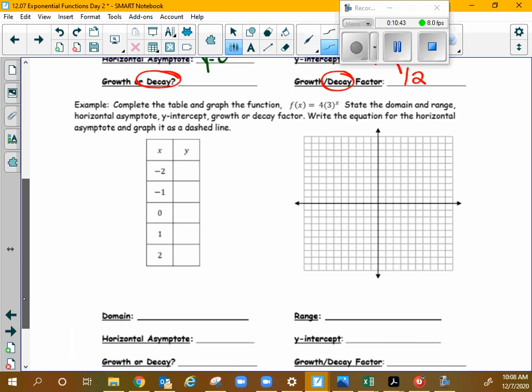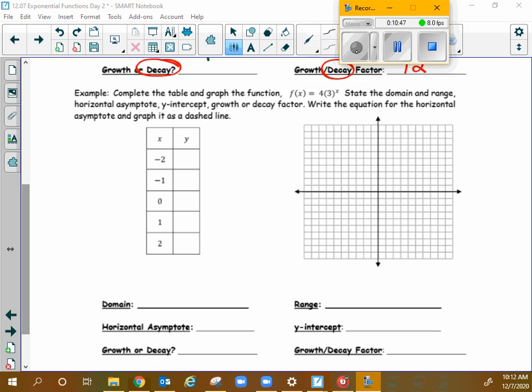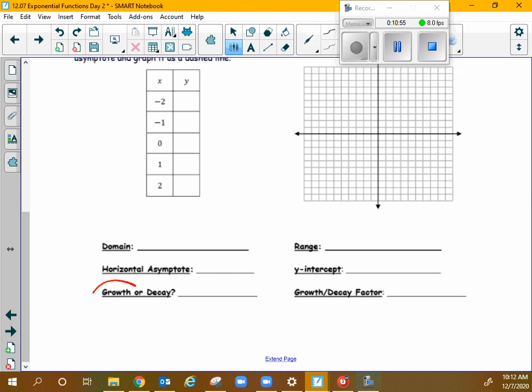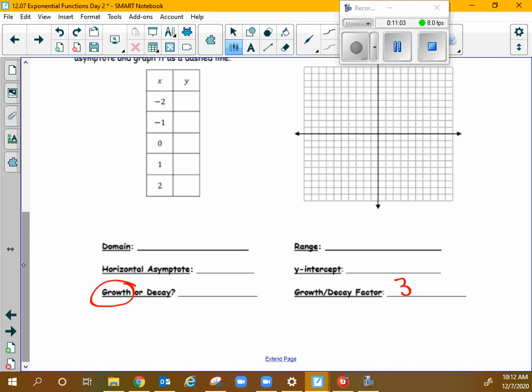Y'all try the last one on your own, and we'll check together in a minute or two. So, the last one, growth or decay. What's the factor? Is it 3? Okay. 0, 4.